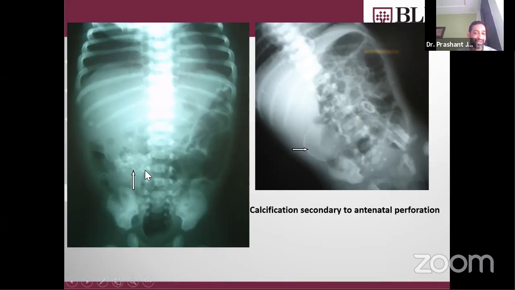And this abnormal calcification is mainly because the child had an antenatal perforation, which has caused the leakage of intestinal contents, and those contents have got calcified, giving the appearance of this calcification. But yes, sometimes it can be because of some mass or tumor which has got calcification.